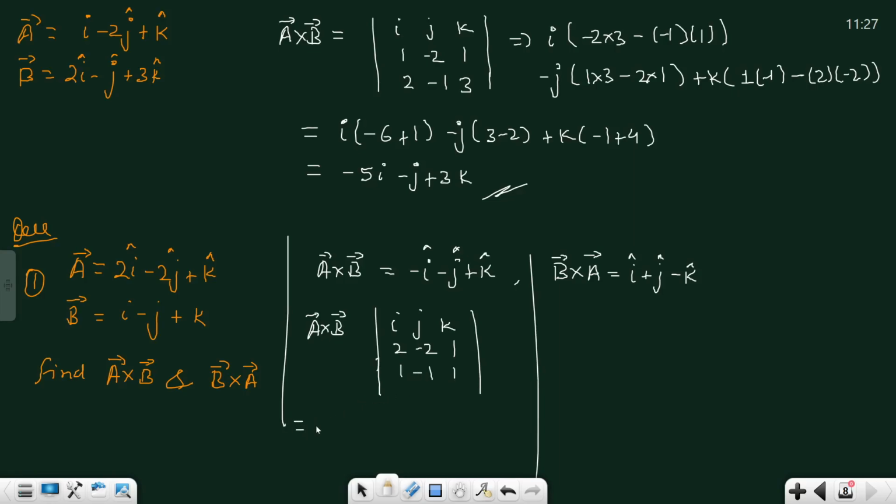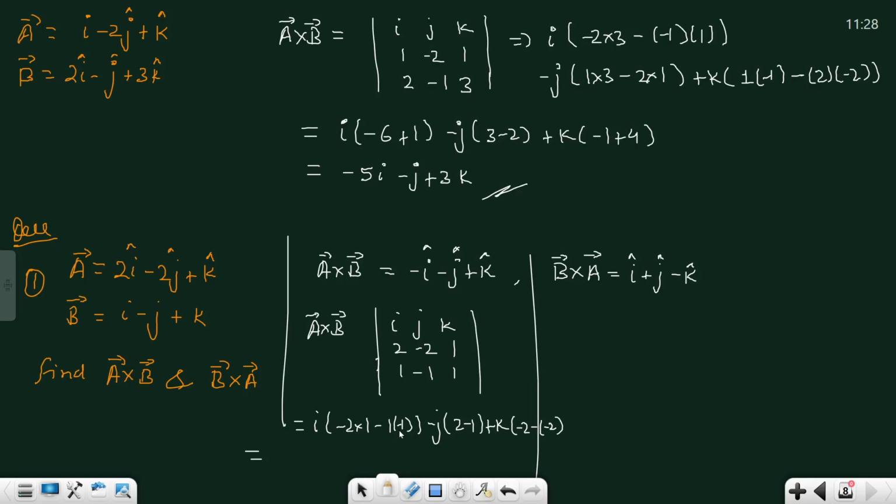So this is i minus 2 into 1 minus 1, minus j 2 into minus 1, plus k minus 2 minus 2. For k it is minus 2 and minus 2. I think the k part is coming 0. Yes, sir, I am getting 0.